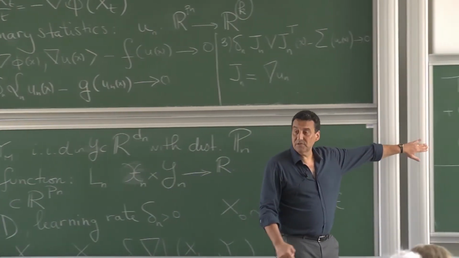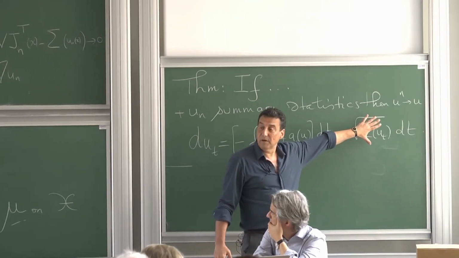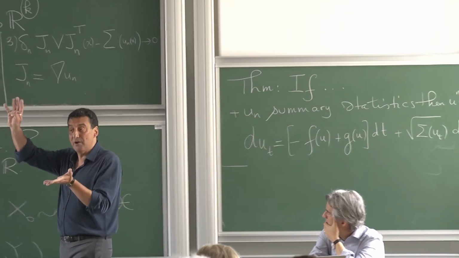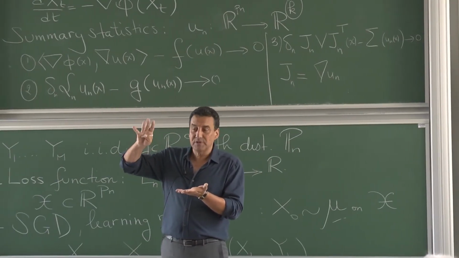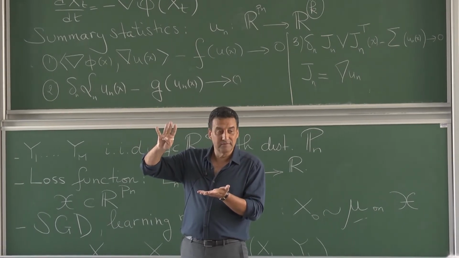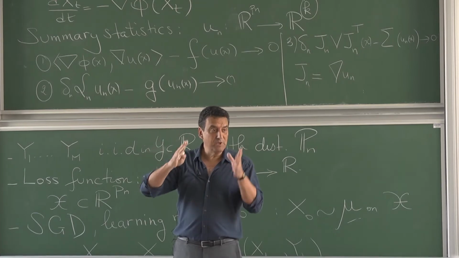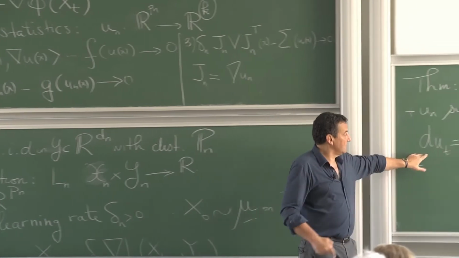Let's imagine for simplicity that you don't have a sigma. So now you have a dynamical system in your RK. Once you have found, of course, the art of finding a sufficient summary statistics is difficult, right? And you could find many different ones, right? But once you found a summary statistics, you end up with this dynamical system here.